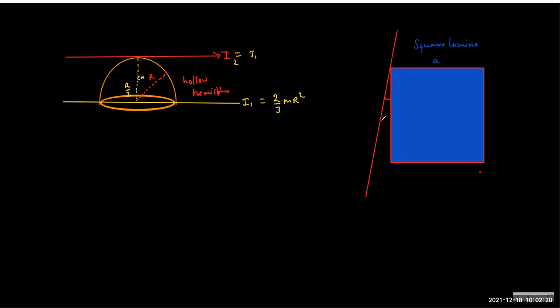And this angle is 15 degrees. So what is the moment of inertia about this axis lying in the plane of the lamina and making an angle 15 degree as shown in the figure? Okay, so do this question.